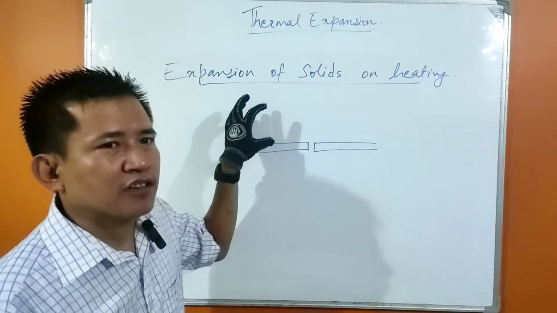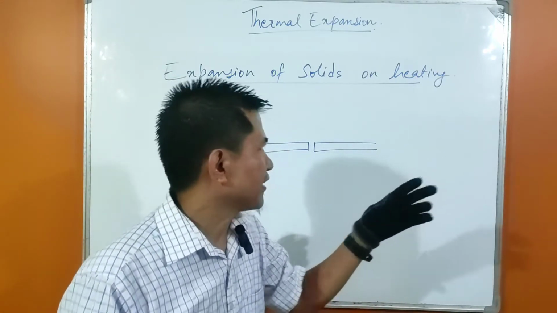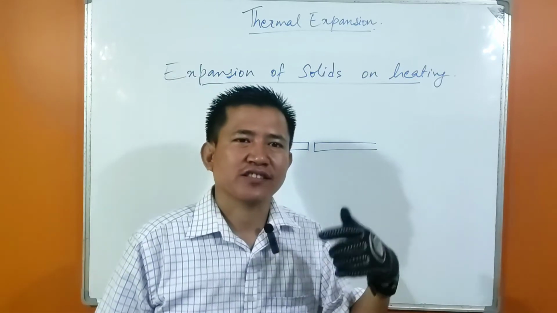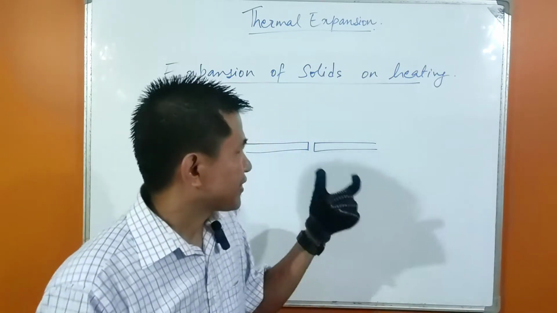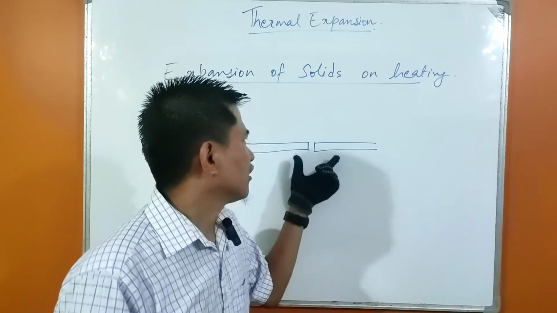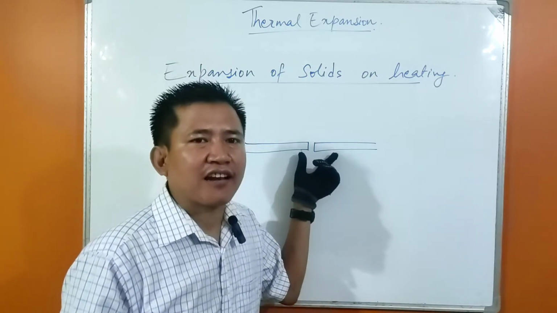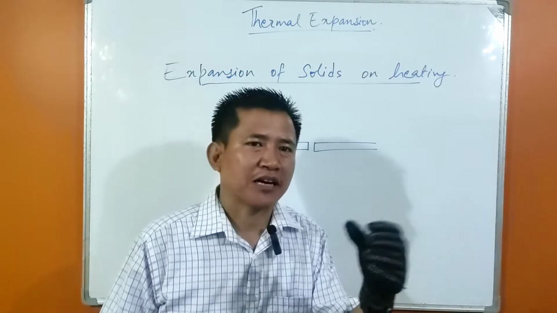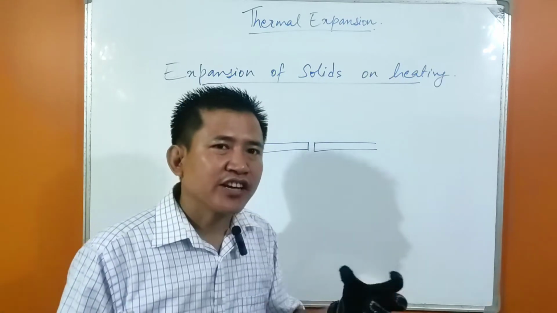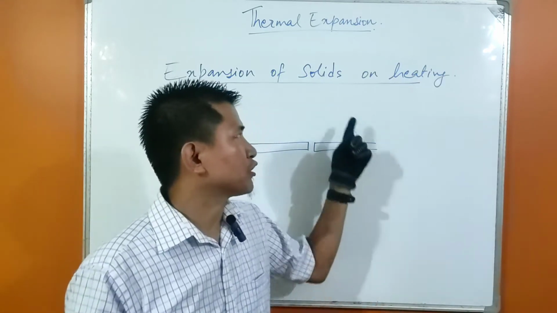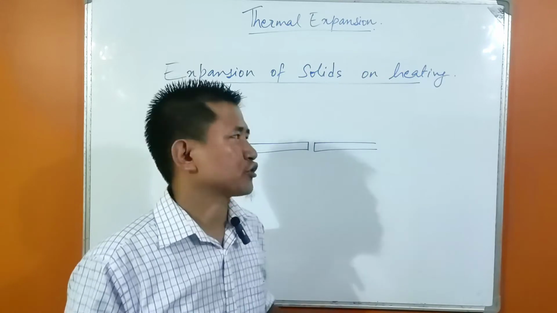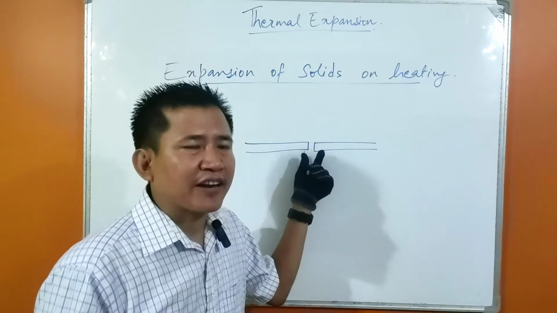The friction between the wheels of the train and the rail line causes the generation of heat. That heat energy in turn expands the rail line because metal expands on heating. The heat energy generated by the friction between the rail line and the wheels of the train expands the rail line, okay?